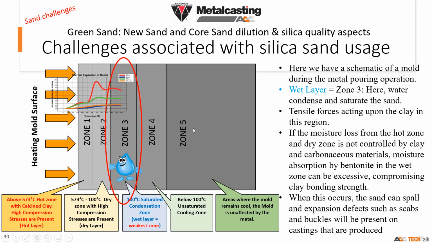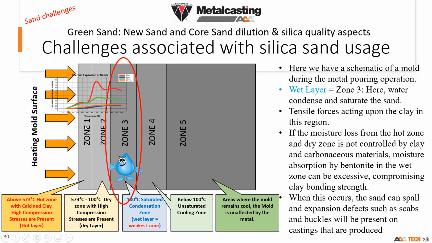We want to concentrate today on zone number 3, where we have a saturation of moisture. Zones 1 and 2 are totally dry. All the moisture has migrated to zone number 3, a sort of saturated concentration zone of water. And what happens? You have a very weak zone in terms of grain strength.